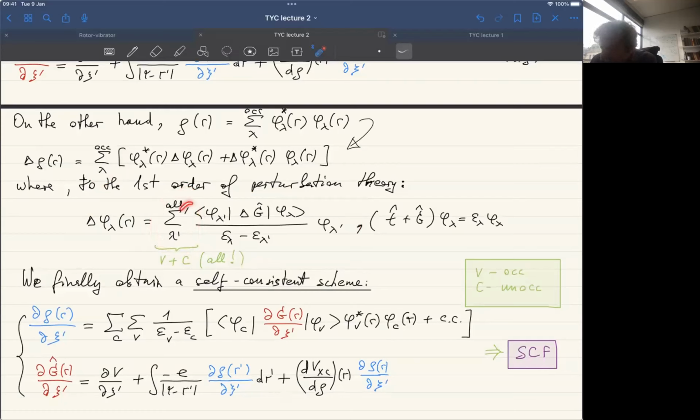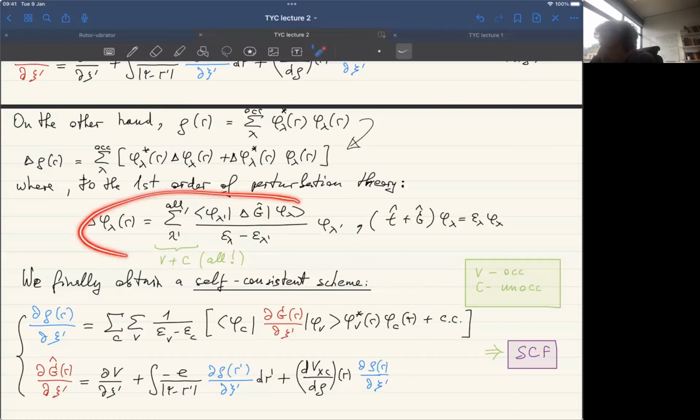By the way, this prime means, you can look up the first order perturbation theory if you don't remember this result, that lambda prime is not equal to lambda. We do not include the orbital lambda, which we are updating in the first order perturbation theory. And in fact, it makes sense because otherwise we'll have a singularity in the denominator.